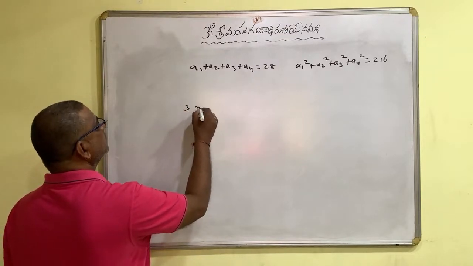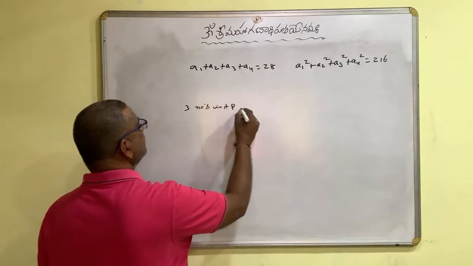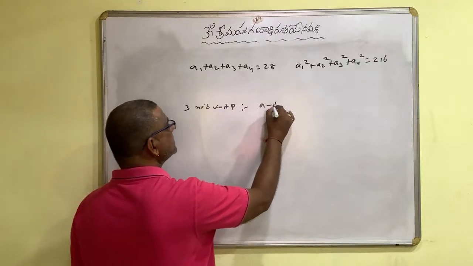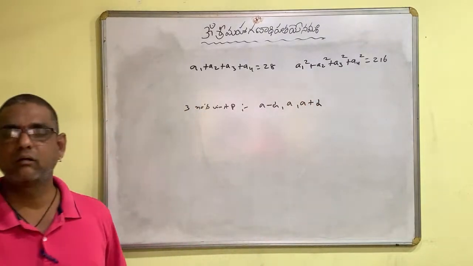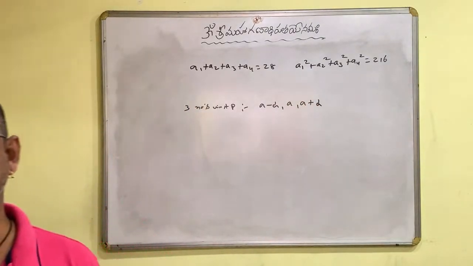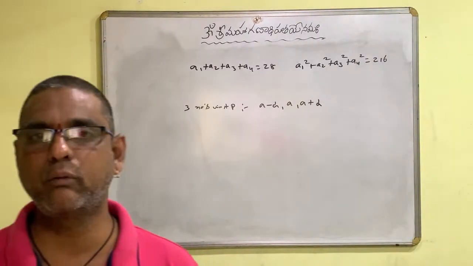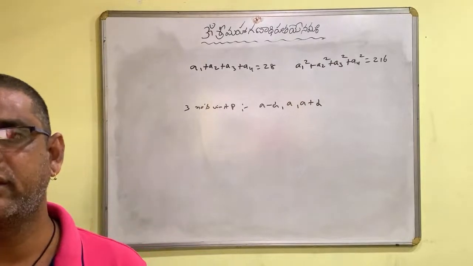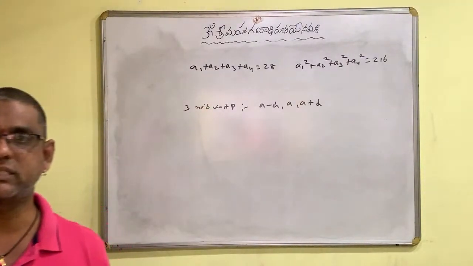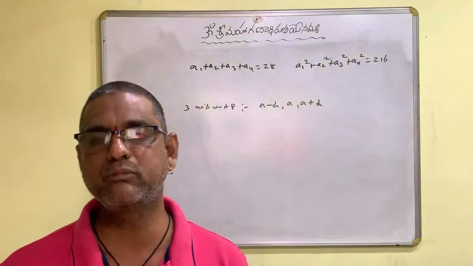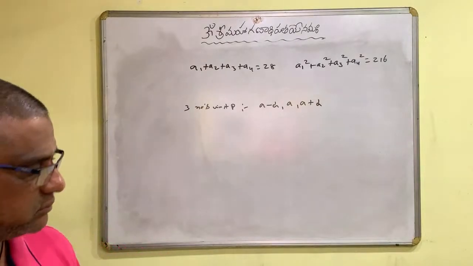For 3 numbers in AP, if we consider the numbers like this, a minus d, a, a plus d, problem solving is easy. That is what you have to understand, children.